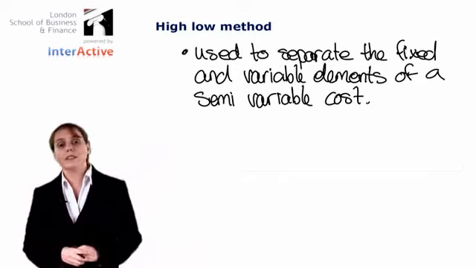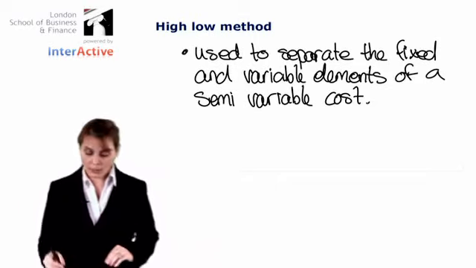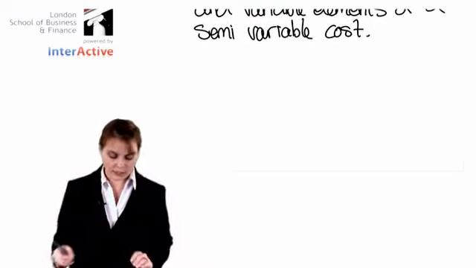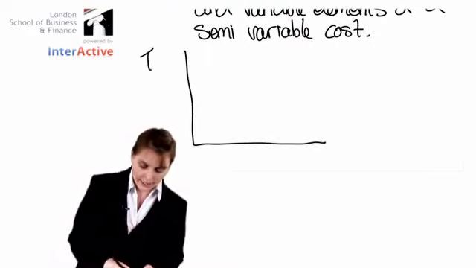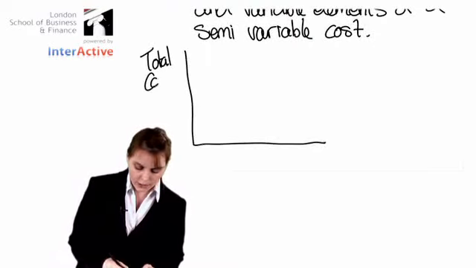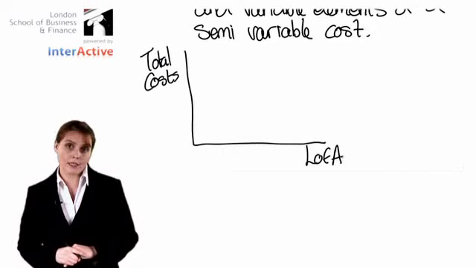So, how does the high-low method work? Well, once again, if we think about this on a graph, we're looking at the total costs for a company and the level of activity. In the high-low method, what we start with is two sets of data.